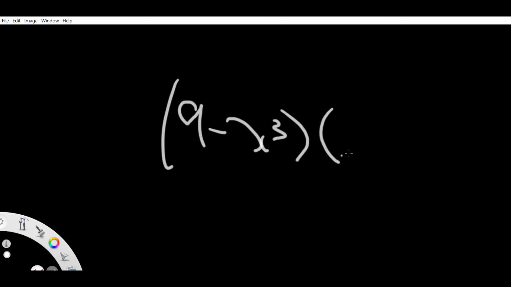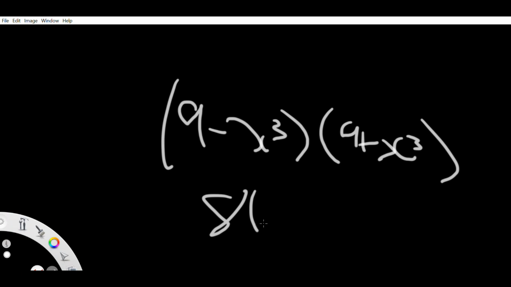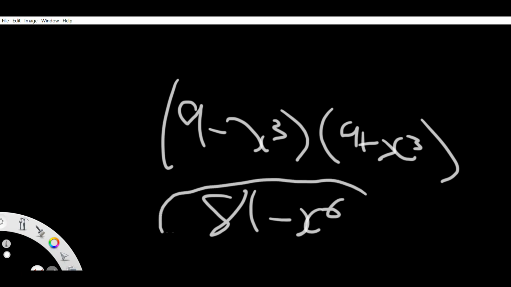Finally, let's do this one, 9 minus x cubed into 9 plus x cubed, which is 81 minus x to the power of 6, because it's x to the power 3 into x to the power 3, which is x to the power 6. This would be our final answer.